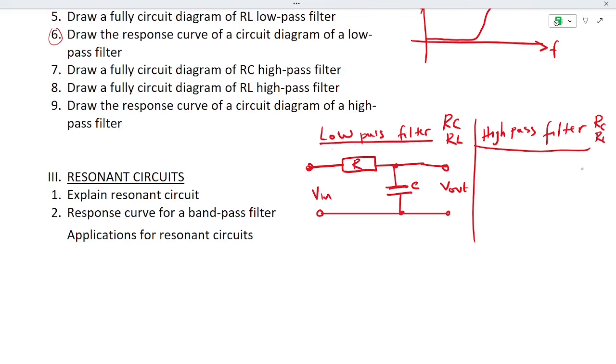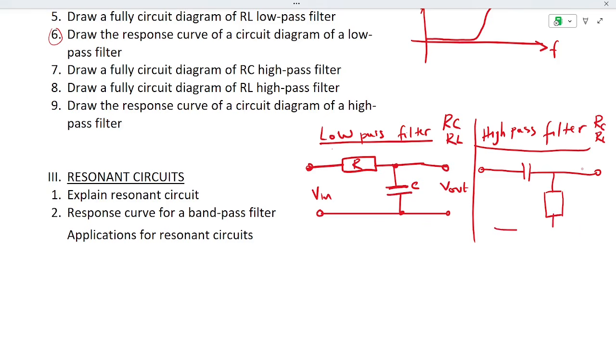That's it. And if you're asked to draw a high pass RC filter, it's just going to be the opposite. Instead of going in through the resistor, you go in through the capacitor, and your output is now connected across the resistor.